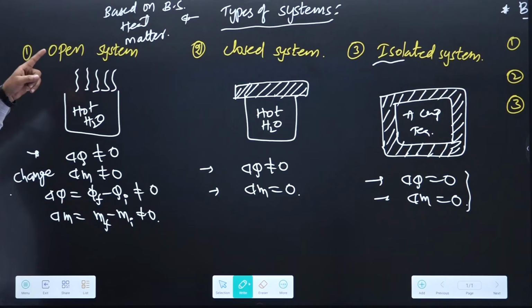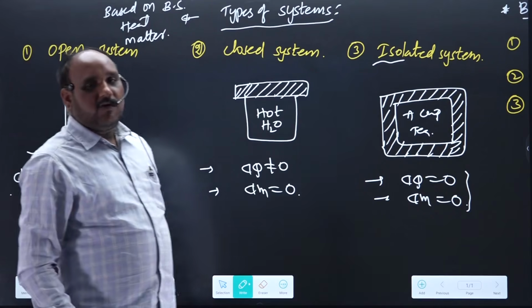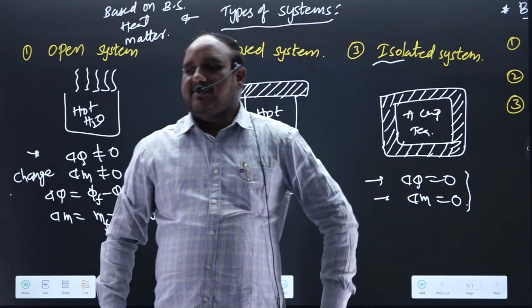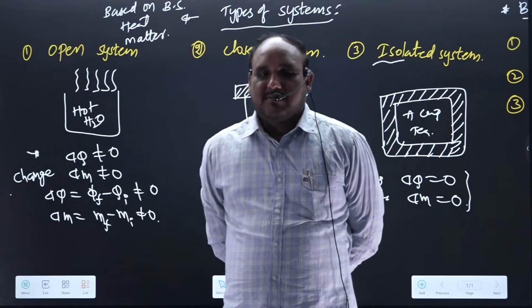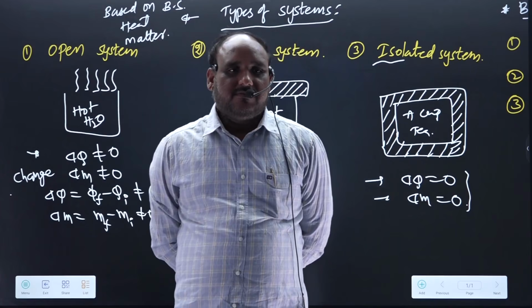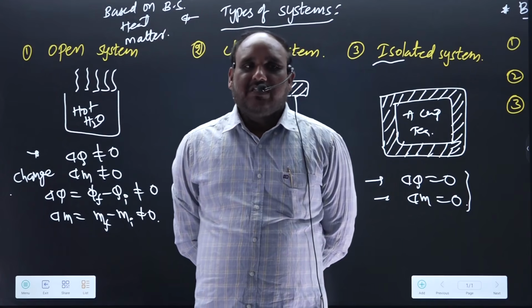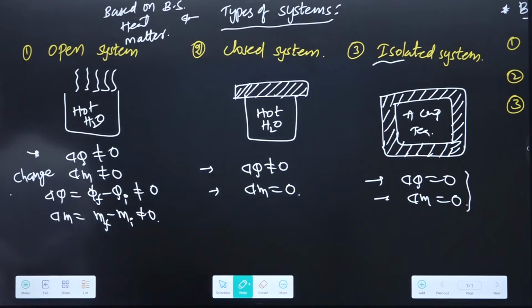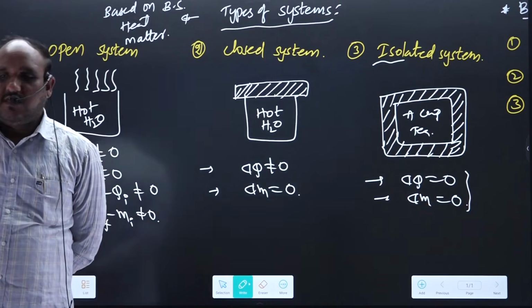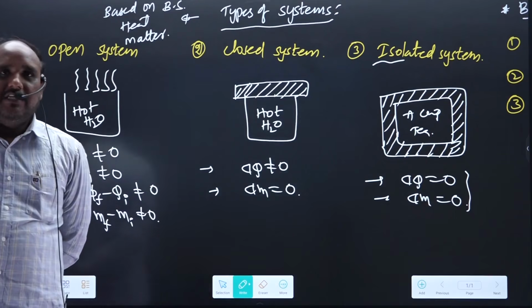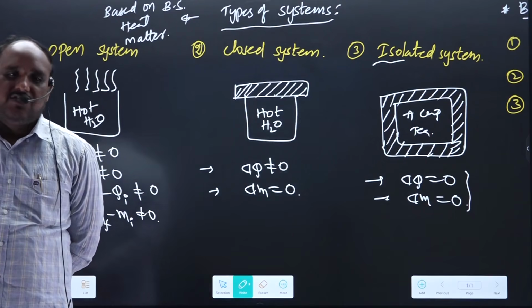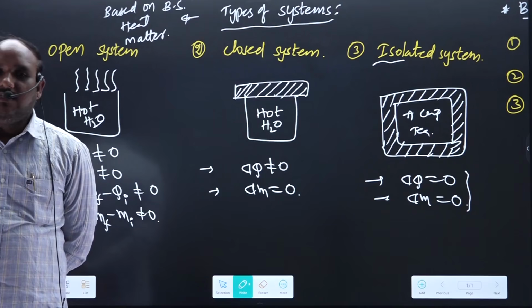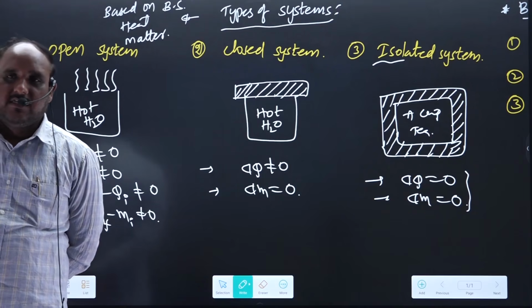So based on the boundary surface, heat and matter, systems are classified. First put the heading open system and write under it: the system in which both heat energy and matter will exchange with its surroundings, right?